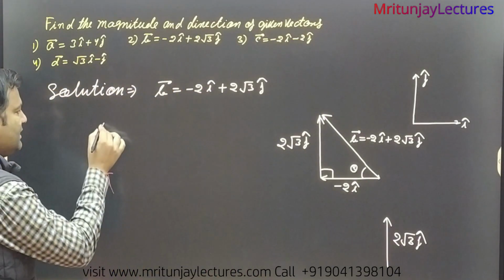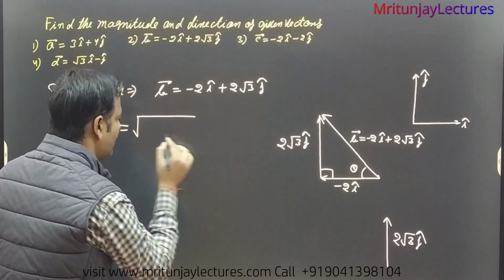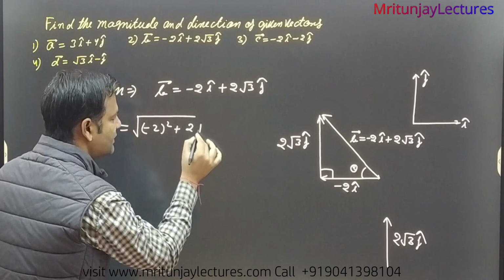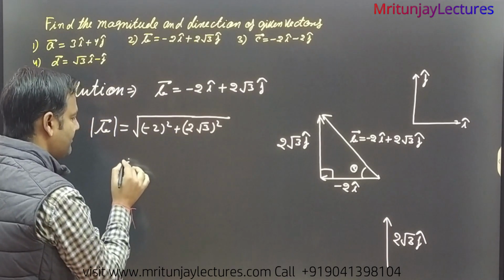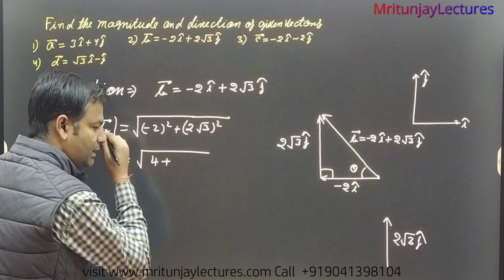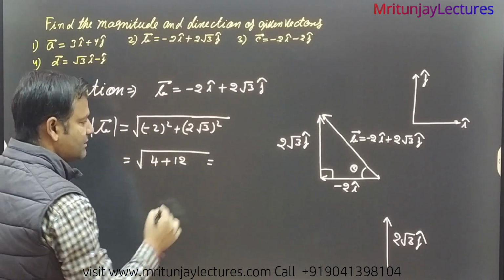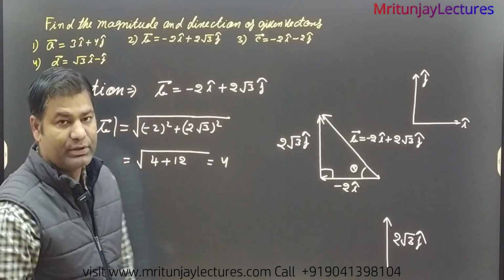The magnitude of B is minus 2 square plus 2 root 3 whole square. That is 4 plus 4 into 3, which is 12, so 16. So that is 4. The magnitude is 4.